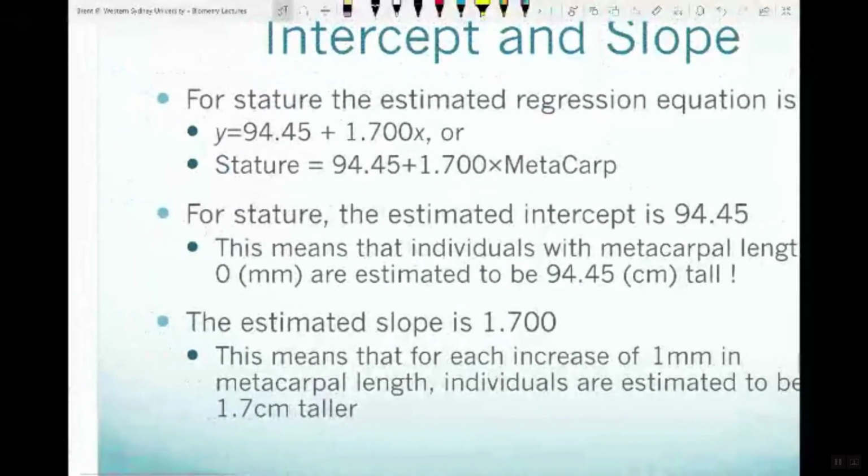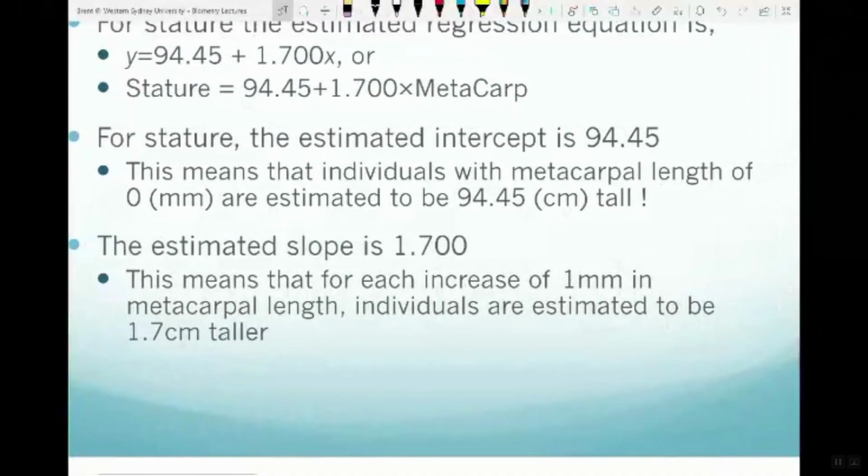The estimated slope was 1.7. How do I interpret that? Each increase of 1 millimeter in metacarpal length corresponds to an estimated increase of 1.7 centimeters in height. That's what it means. The slope is 1.7. It's rise over run, right?